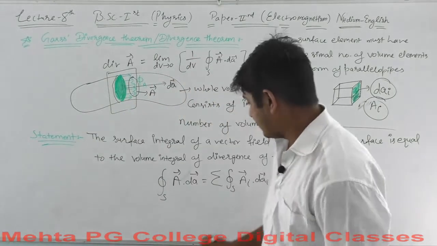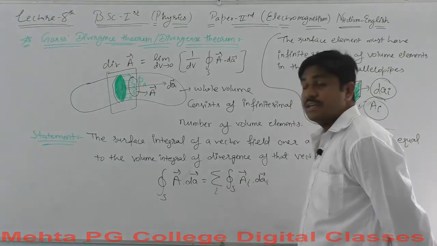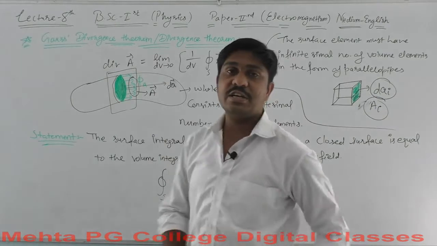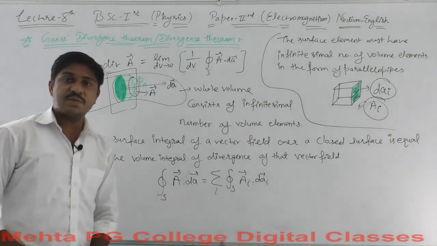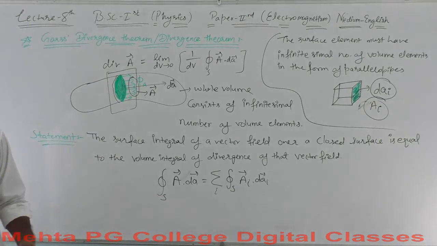The summation is over i. So this is how the whole thing we have discussed is written mathematically. This is the mathematical expression. Let me proceed further with this expression and see what we find out.